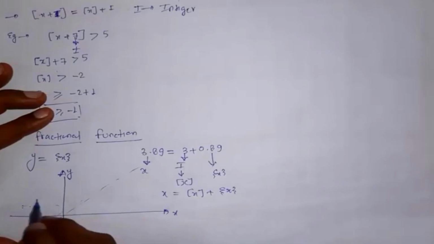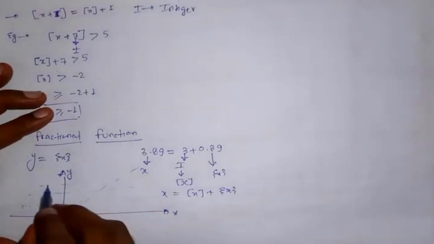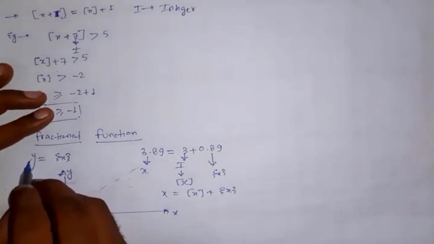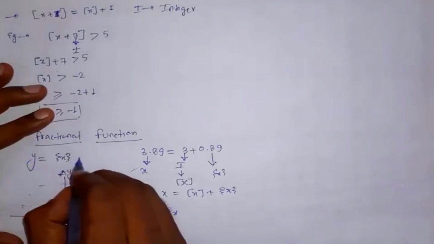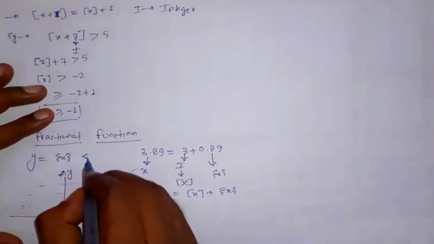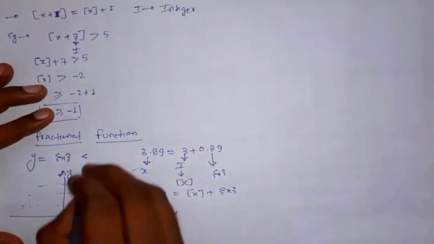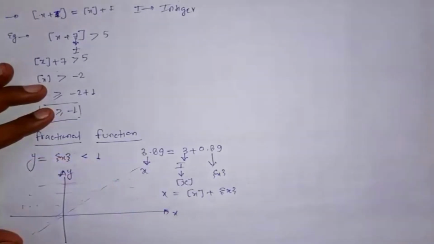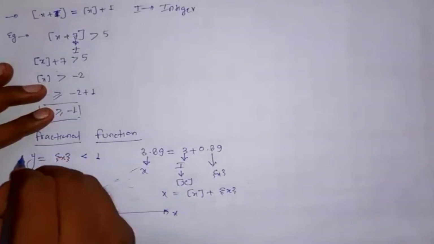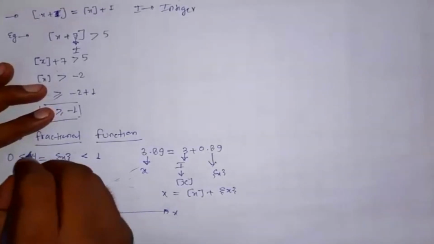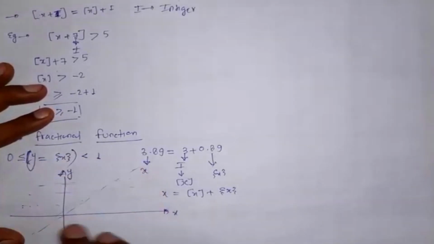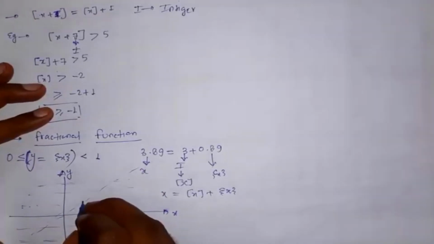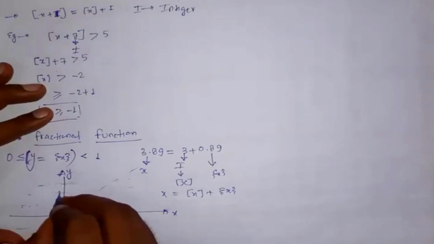This is the best procedure, because we are doing the fractional part and we know that y will be less than 1 and greater than or equal to 0. I have marked integers on the y-axis, this is 1, 2, 3.